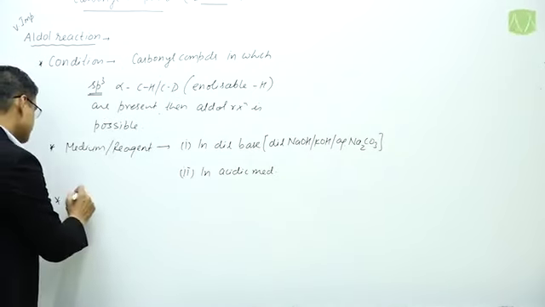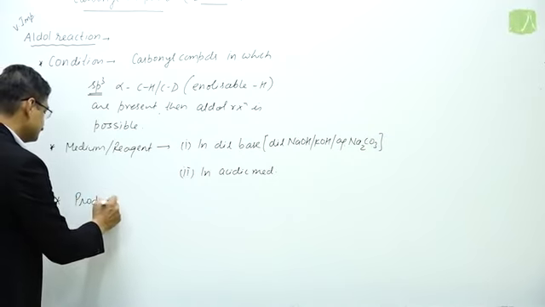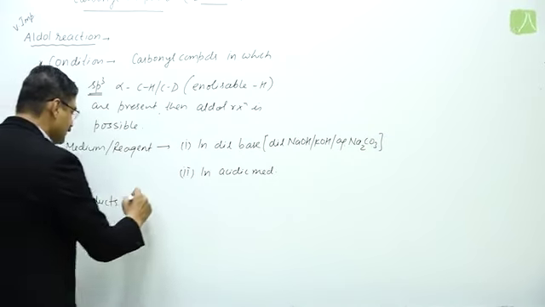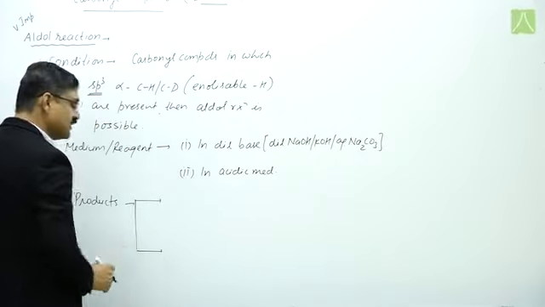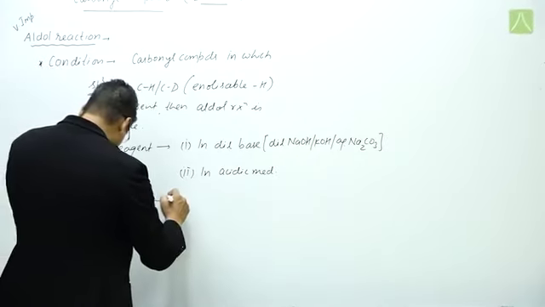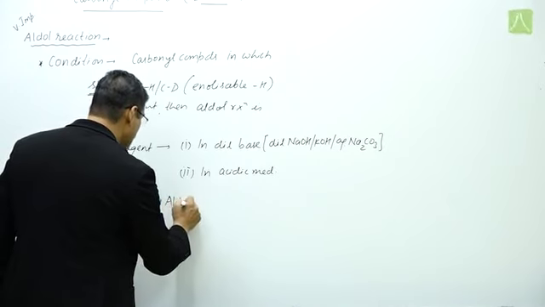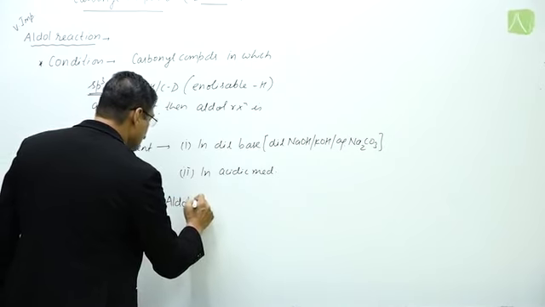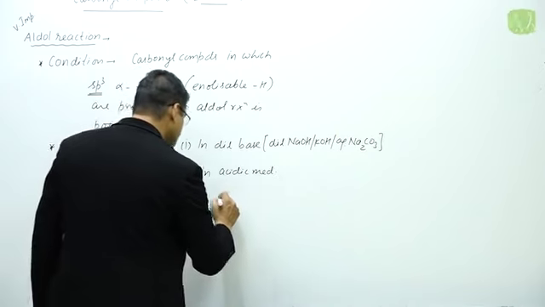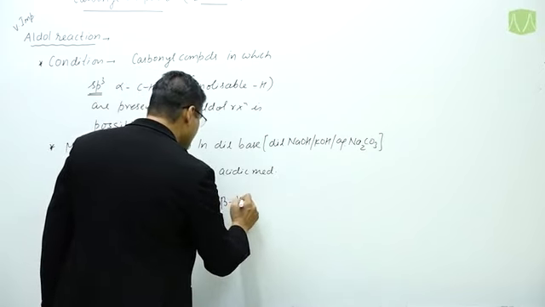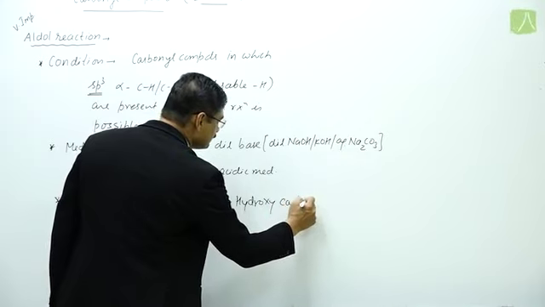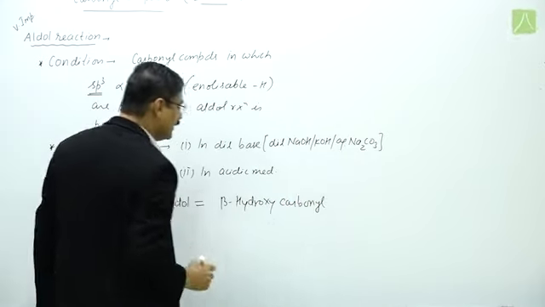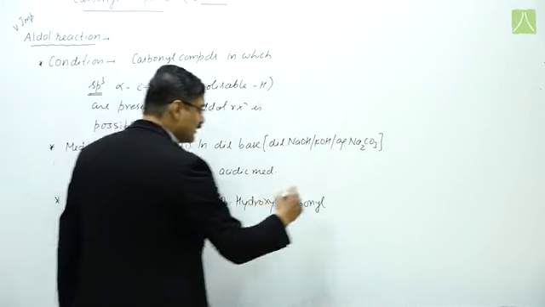Now products. There are 2 different products in 2 different steps. So in the first step, the first product is known as aldol product. So aldol is beta hydroxy carbonyl. Aldol is the beta hydroxy carbonyl.